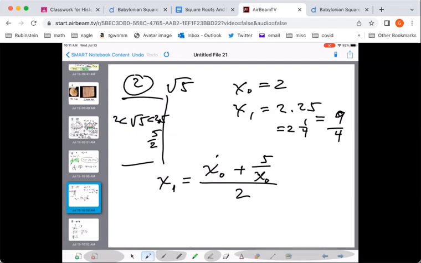See, this was the 2, and this was the 2.5, and this 2 is just because we're taking the average. We're going halfway between the two things.